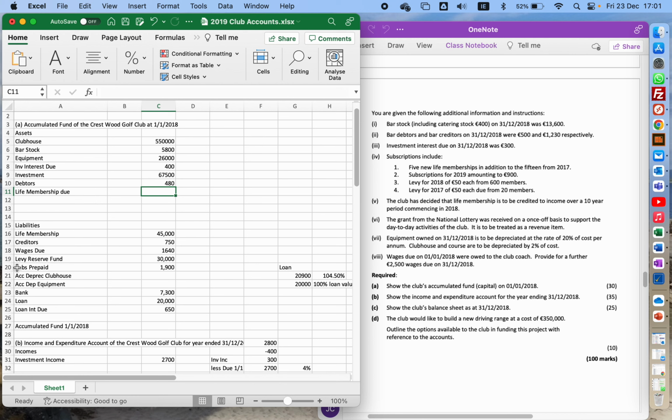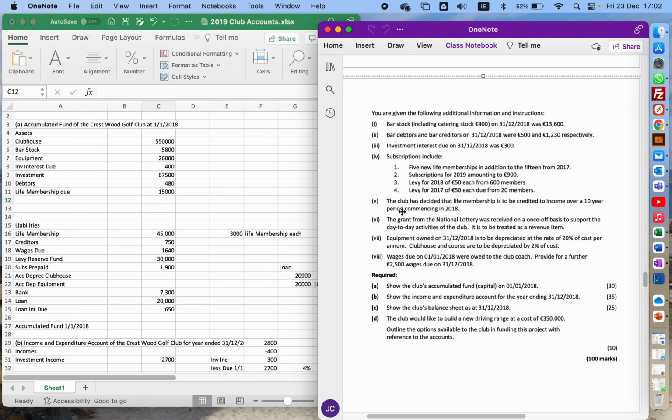If life membership is 45,000, then 45,000 divided by 15 means that life membership is 3,000 each. So life membership due is going to be 3,000 multiplied by 5 new ones, so it's 15,000.